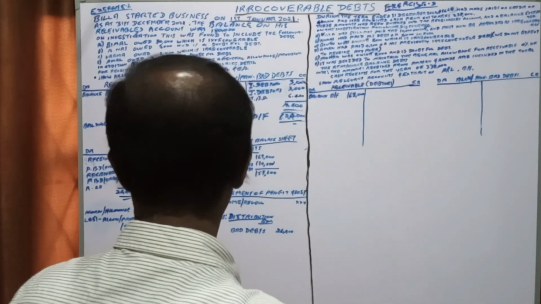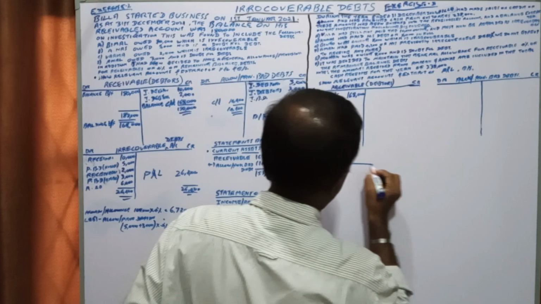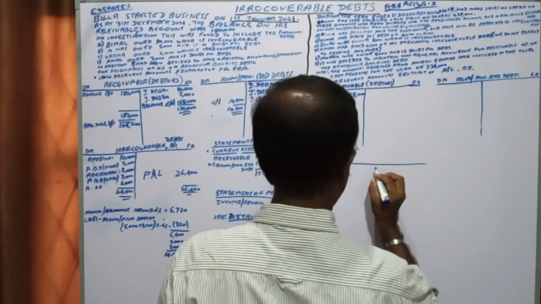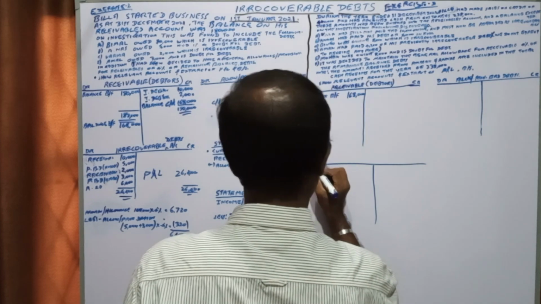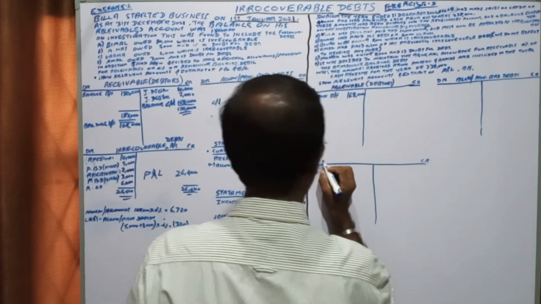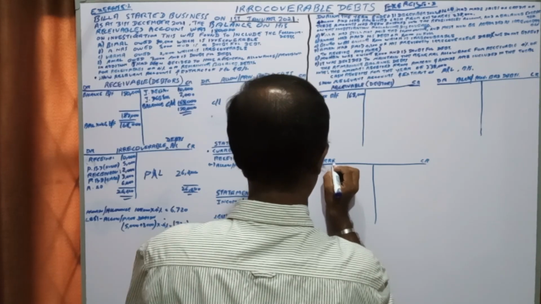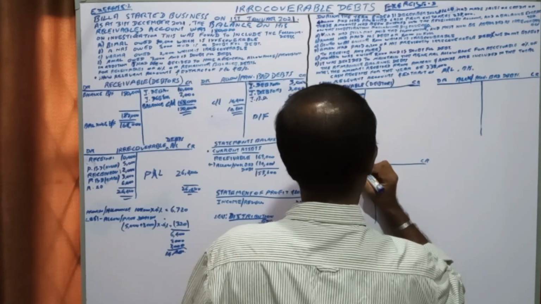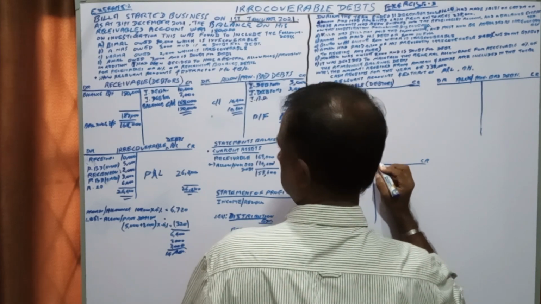Right. The other one is irrecoverable debts. This is DR and this is CR. Right? Irrecoverable debtors.